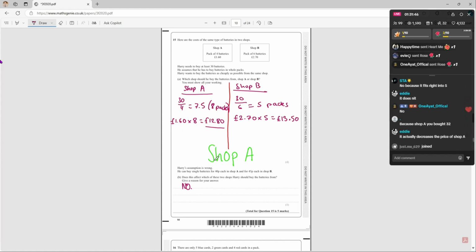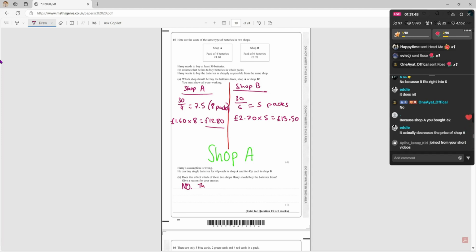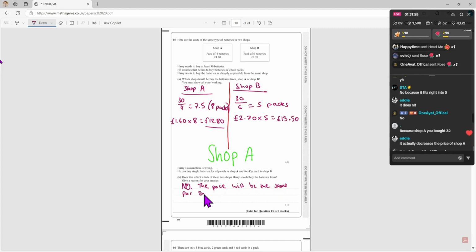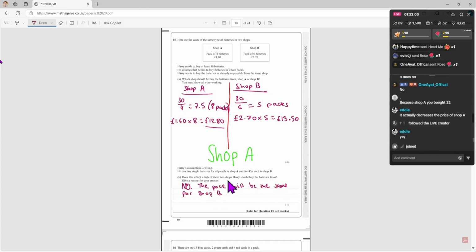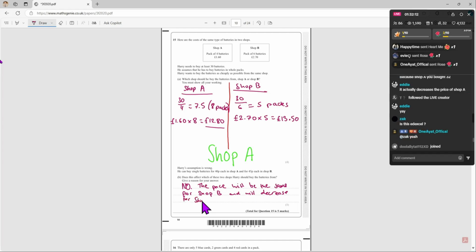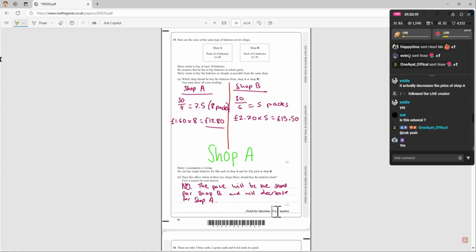So the price will be the same for shop B and will decrease for shop A. But don't forget, this question 15 was worth 5 marks.